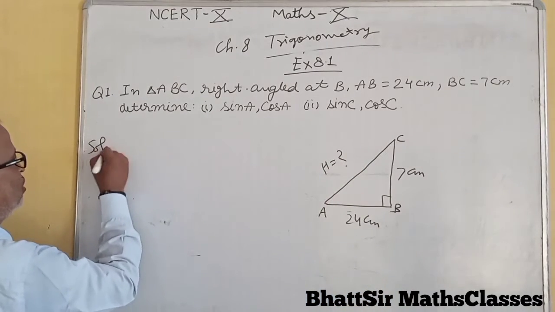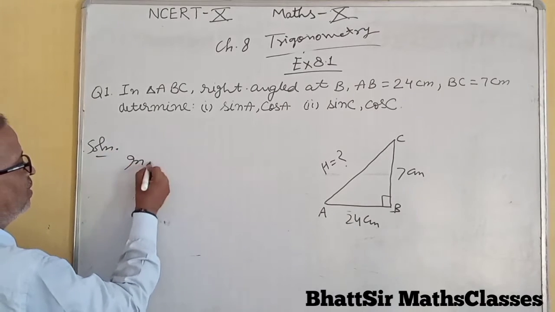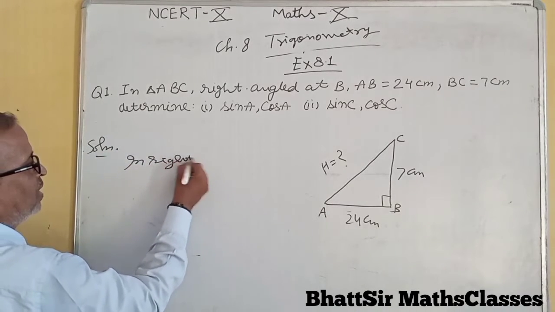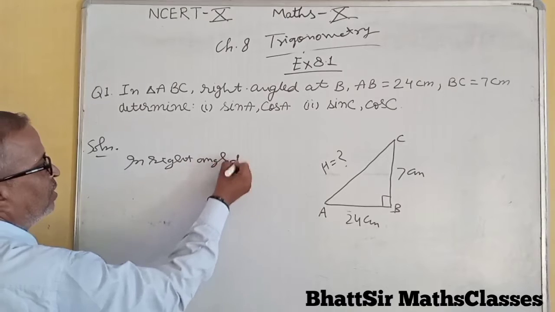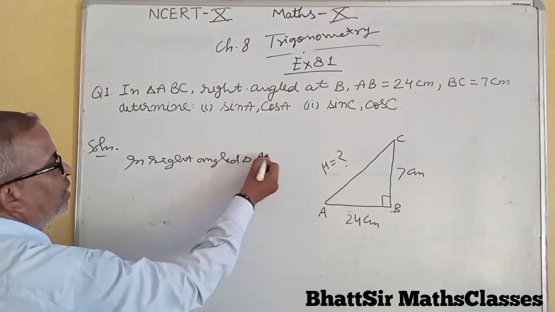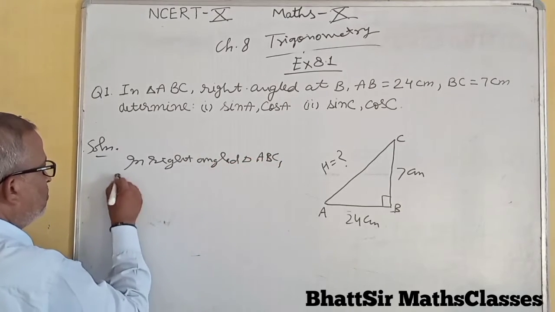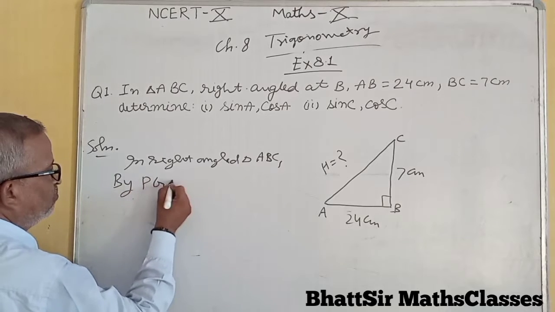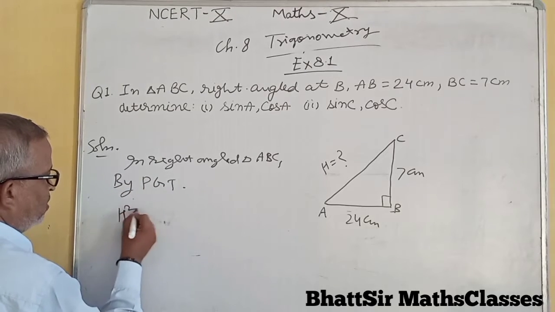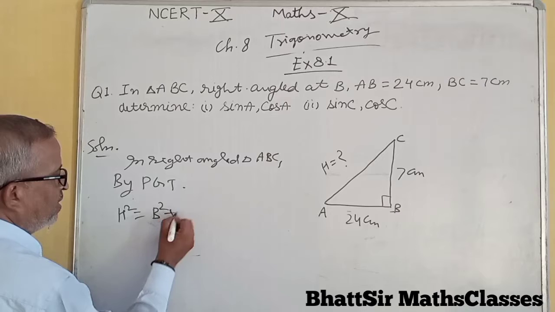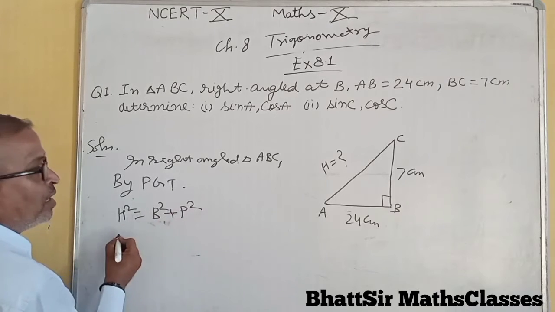Solution: in right angle triangle ABC, by PGT, hypotenuse square equal to base square plus perpendicular square.